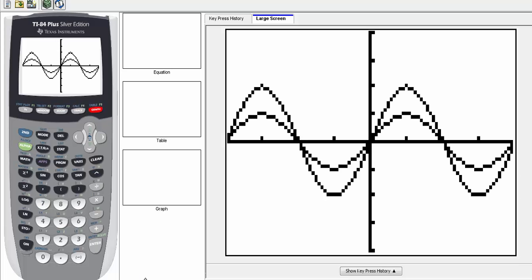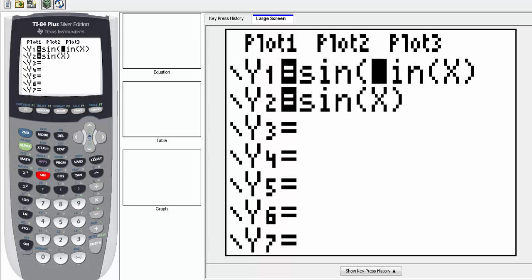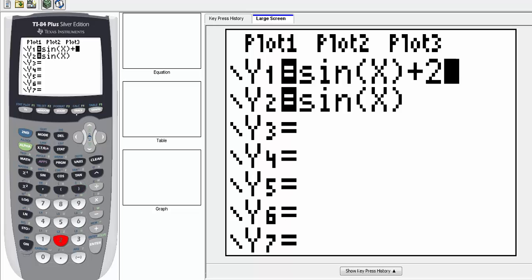All right, next, let's look at what happens if we have y equals the sine of x, and I'll put this in parentheses to emphasize this here, sine of x plus 2. So the 2 here is on the outside. If we go to y equals, we're going to simply type in the sine of x plus 2.